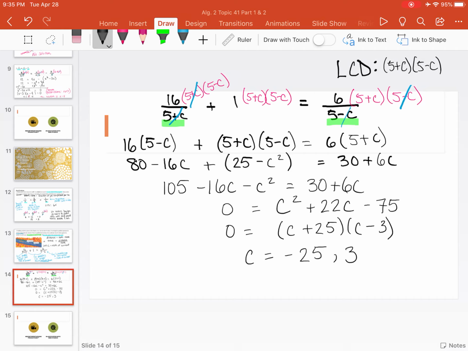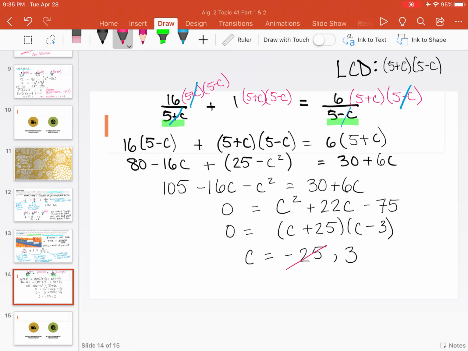Now, none of these values are extraneous in terms of looking at our denominator. But if we think realistically about our solution, we actually have a solution that would not work.